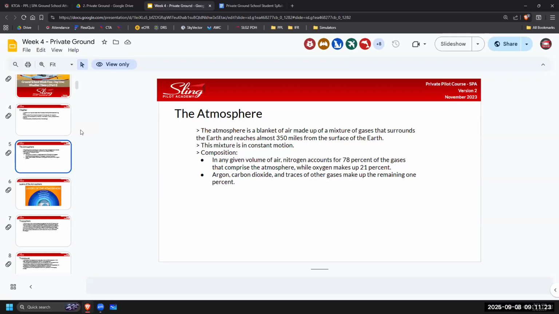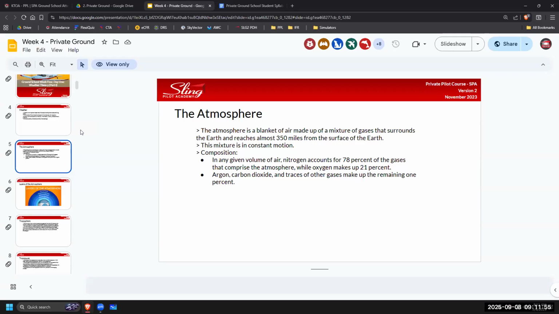So let's talk about the atmosphere. The atmosphere is a big blanket of air that covers the earth, and inside the blanket of air are all different types of gases, and they're all constantly moving. So the movement of gas, just like a fluid, like we talked about air as a fluid, the mixture of gases is in constant motion, and this is what is creating weather based on the heating of the earth from the sun.